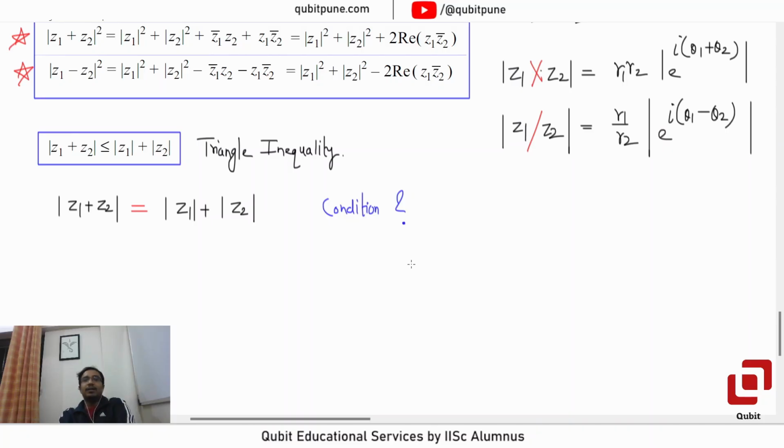Can you identify the condition for this? When can we have mod of Z1 plus Z2 equal to mod Z1 plus mod Z2?